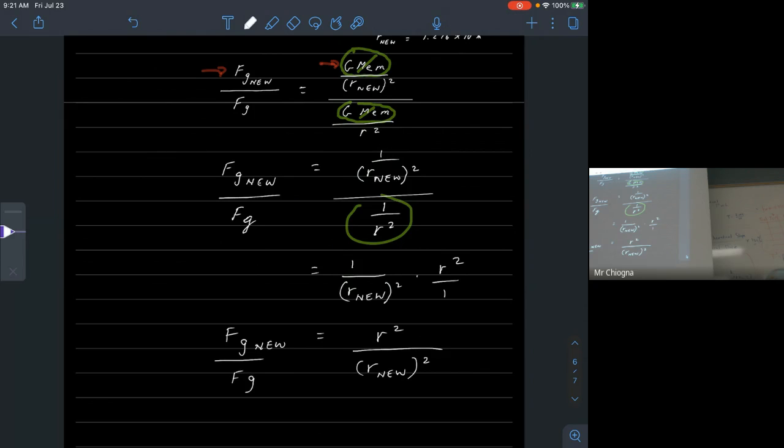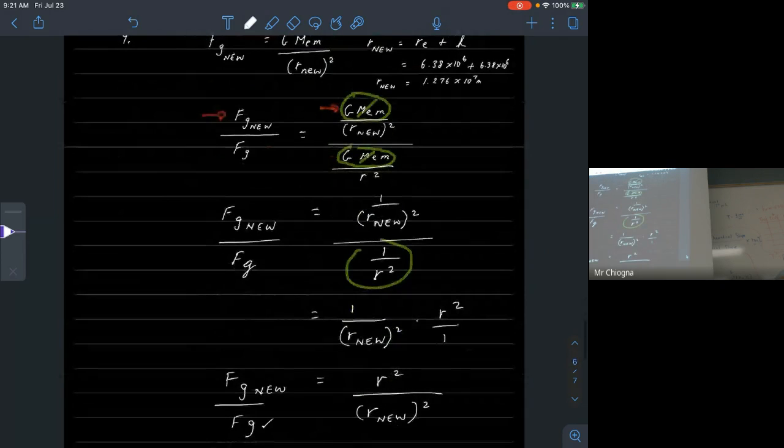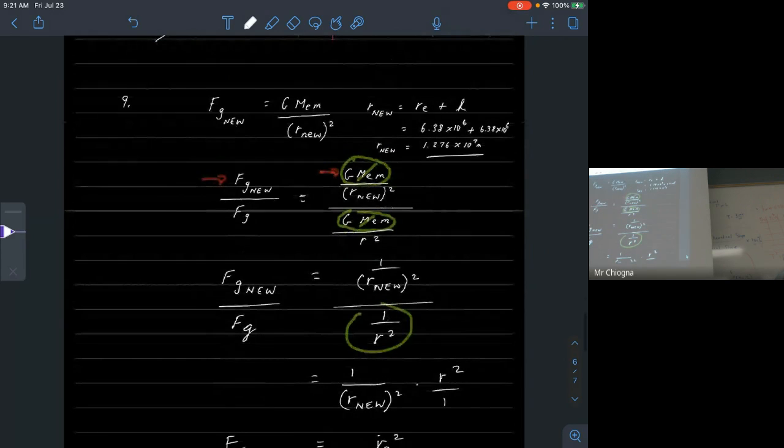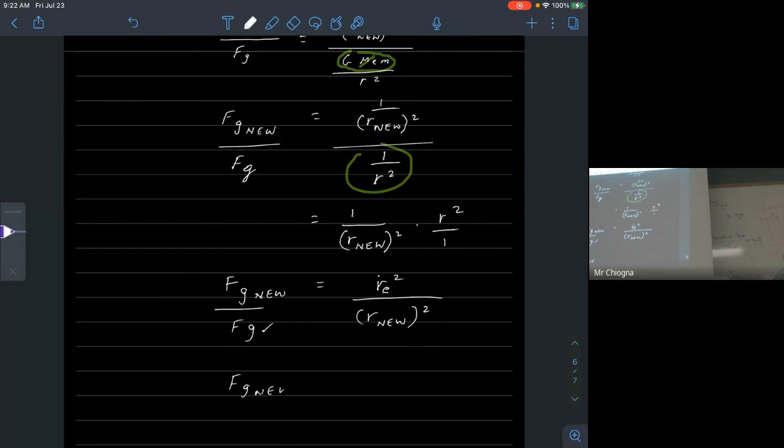have you got these? Let's just think about this. Yes. Go back here. We actually calculated 686. R is the radius of the Earth. So you got that, and R new, I calculated it up here. So you've got all your values. Okay, I calculated FG here.